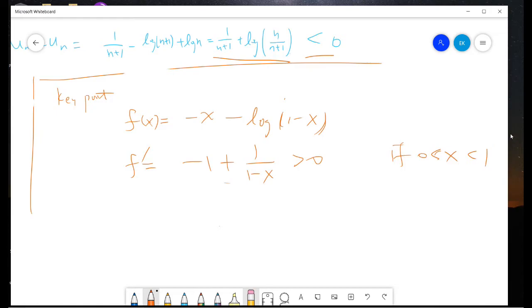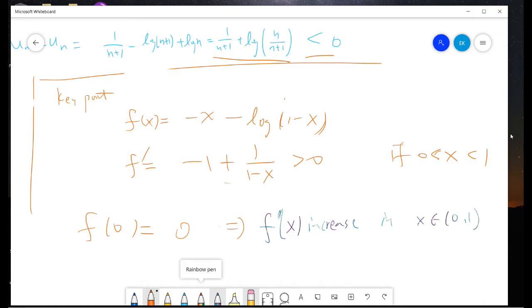Suppose x is a half, then this is 2, so larger than 0. Also f(0) is minus 0 minus log 1, which is 0. So f(x) increases in this region.